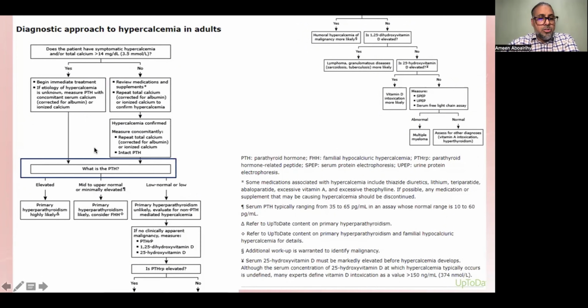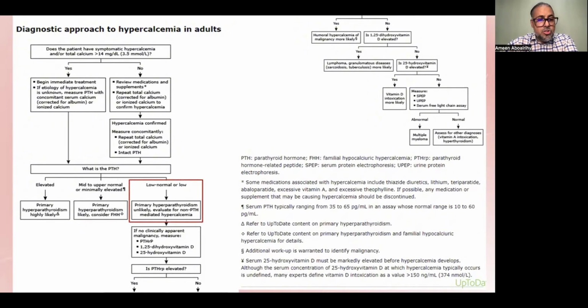So what is the PTH? If PTH is elevated, this is most likely primary hyperparathyroidism. If it is mid to upper normal or minimally elevated, primary hyperparathyroidism is still possible, but you have to consider familial hypocalciuric hypercalcemia as well.